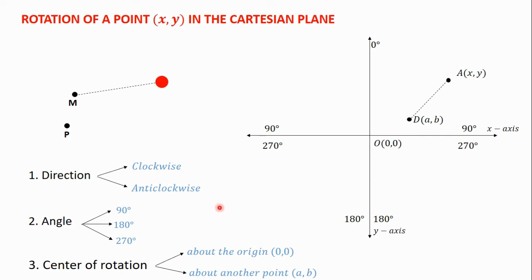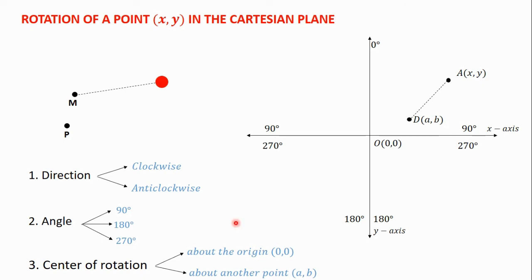We have said that in our studies on rotation of a point in the XY plane or the Cartesian plane, we will consider only three angles of rotation: a 90 degrees angle of rotation, a 180 degrees angle of rotation, and a 270 degrees angle of rotation. We have also seen that the position of the image will also depend on three, the center of rotation. And we can use the origin as our center of rotation or any other point as our center of rotation.